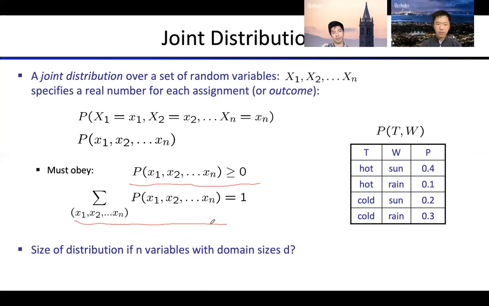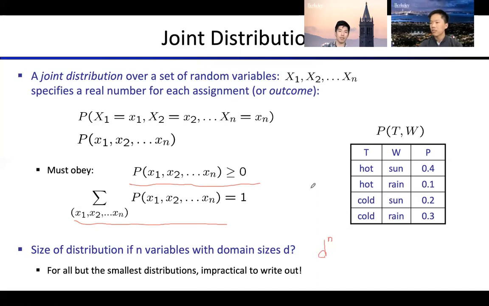So, Carl, what do you think? What should be the size of the distribution if I have n variables, each with domain size d? By the rule of counting, if each variable can take on d values, for n variables it would be d to the n. So in this example, since you have two variables, each with a domain size of 2, it will be 2 to the 2.